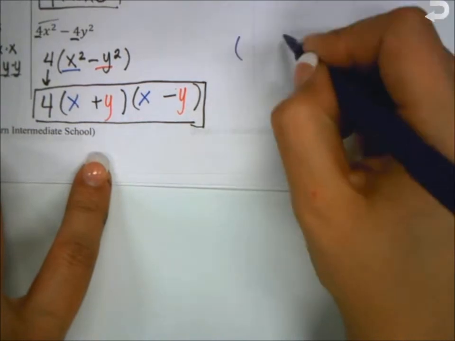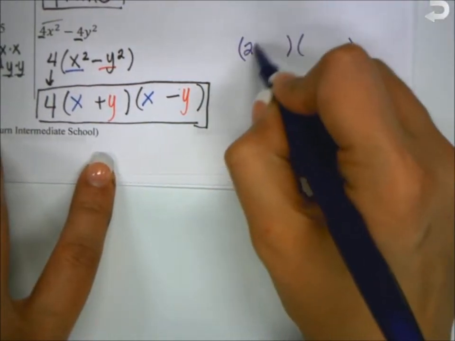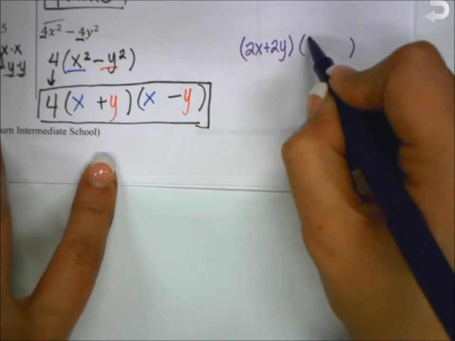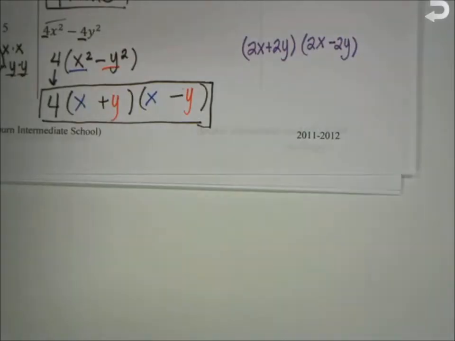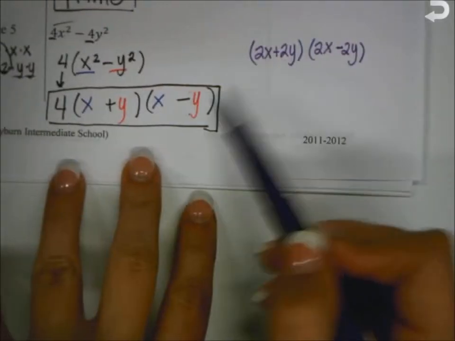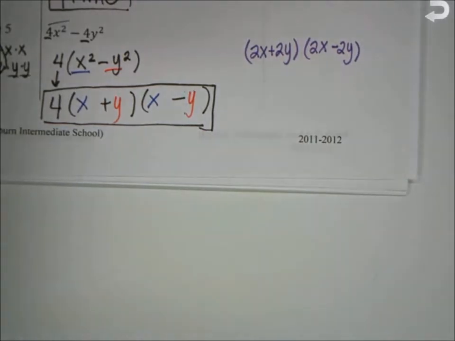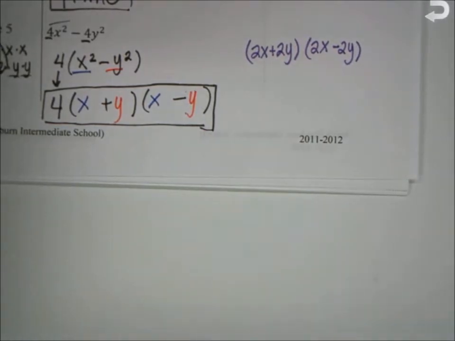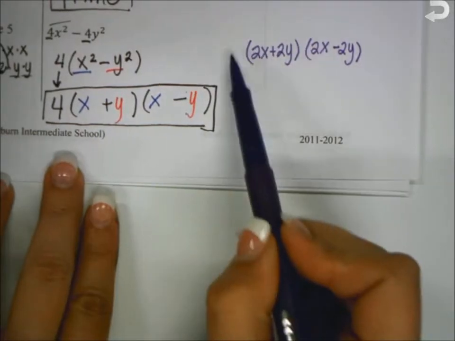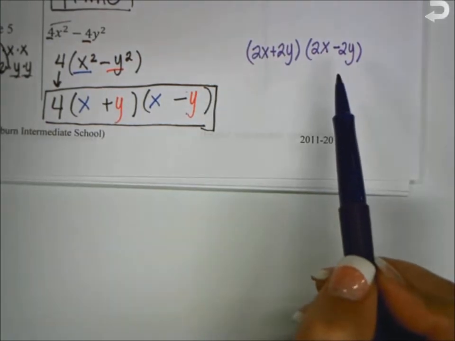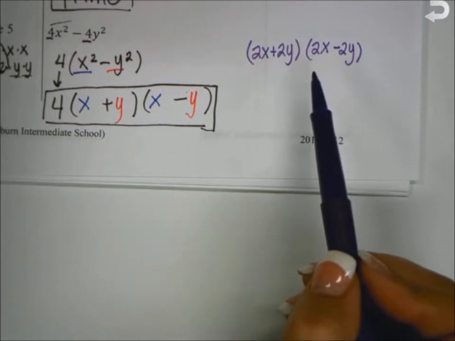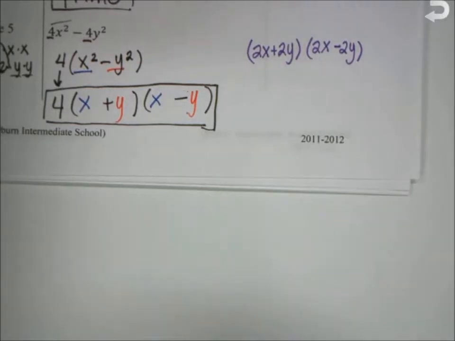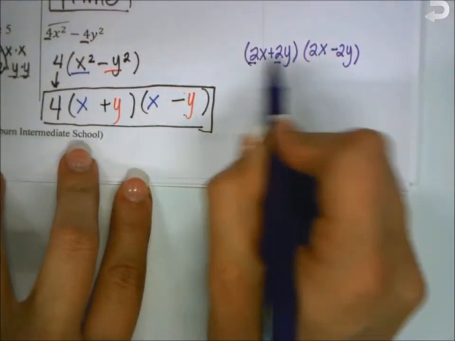These two are the same. However, on your instructions, whenever we're factoring, you're going to be asked to factor completely. This is not factored completely. Can anybody see why? Because of the 2's? Exactly, because of the 2's. Look, x and y in each of these cases have a 2 still, correct? So what of this first parentheses would the GCF be that we could pull out? 2. So this would be 2 times x plus y.